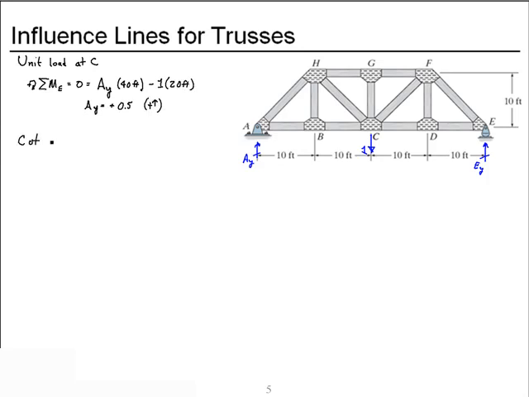Now we'll cut the truss into 2 sections, and we'll cut it at panel CD, just as we did before. I'll keep the left section for my free body diagram.